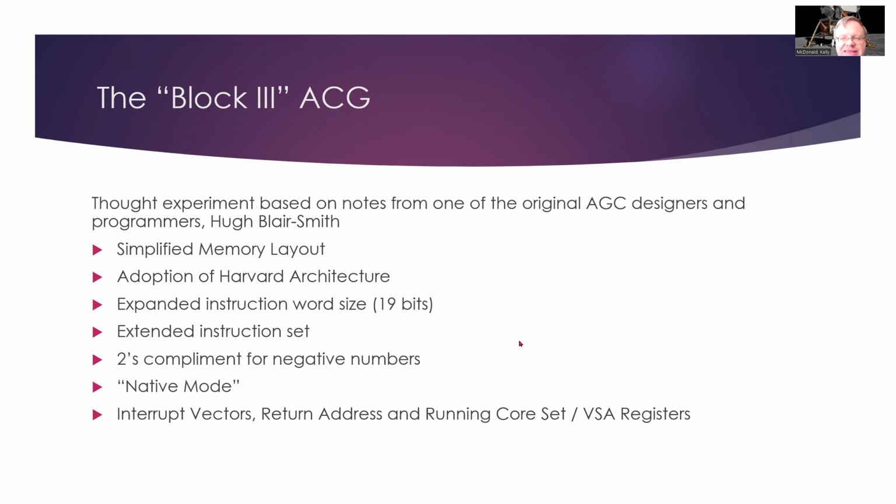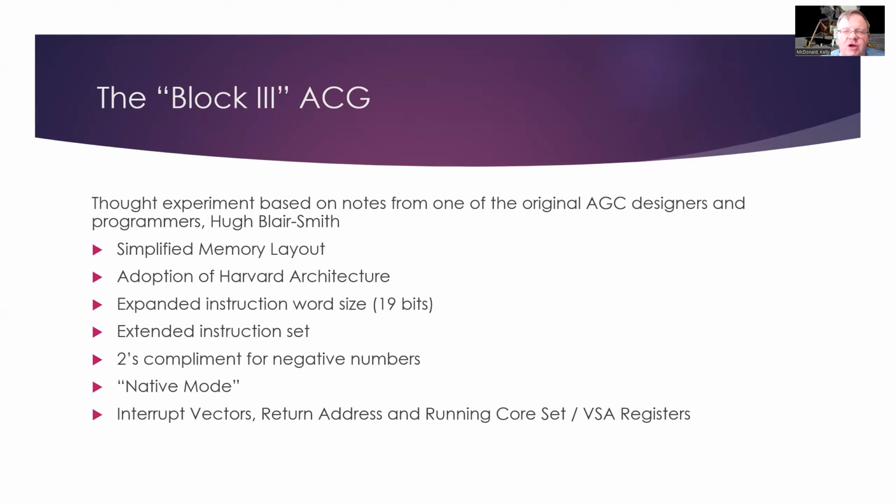Maybe just to digress a little bit, and this may be more of a stretch goal in the future once we get the Block II up and running: there were some notes taken in the late 70s, basically some conversations that were had with one of the original AGC designers and programmers, Hugler-Smith. He captured a whole bunch of ideas as to, if we were to do it all over again, or if the Apollo program had continued, what could a Block III Apollo guidance computer look like?